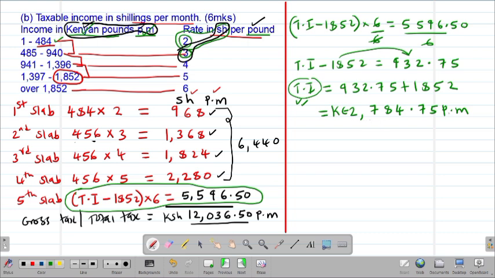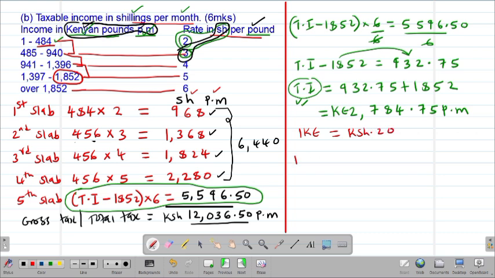But the question wanted us to get the taxable income in shillings per month. Therefore, we need to convert our value into shillings. We know that 1 Kenyan pound is equal to 20 Kenya shillings.